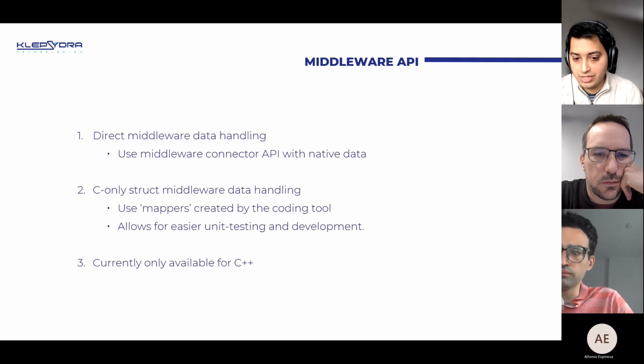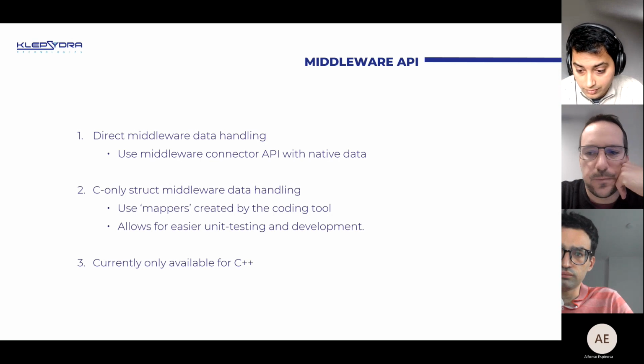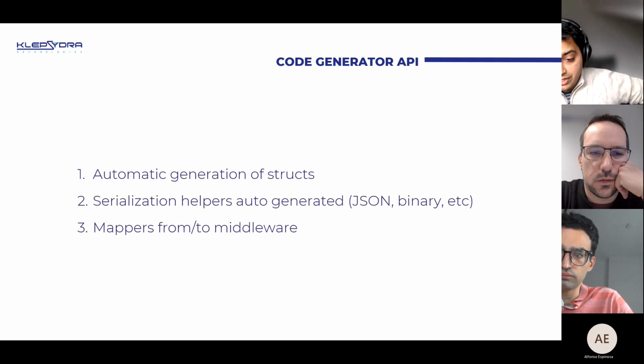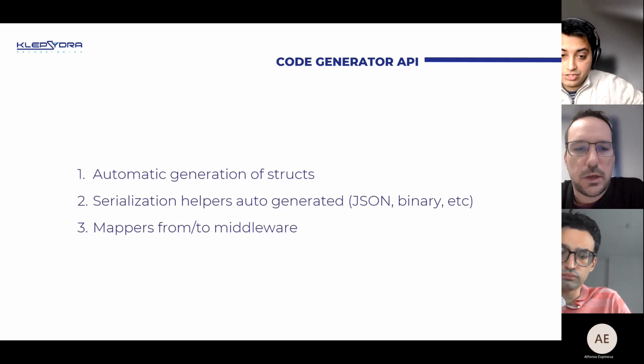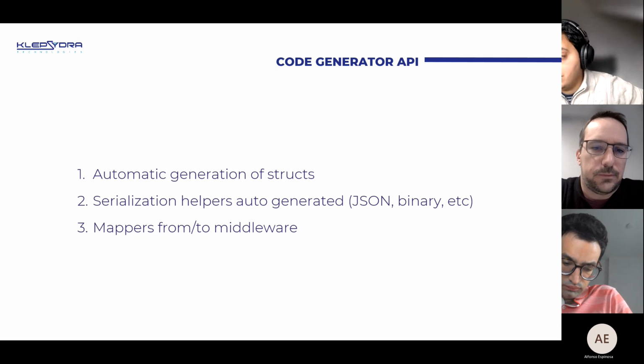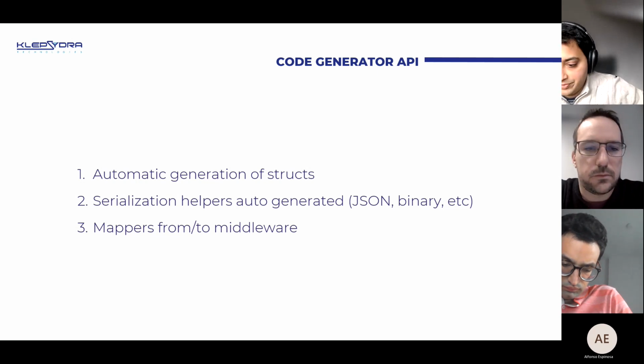The mapping is done automatically. The code generator will do this generation of the C++ code. It also gives you helpers so that you can serialize this data to JSON or binary format. And it also has the mappers to the middleware.